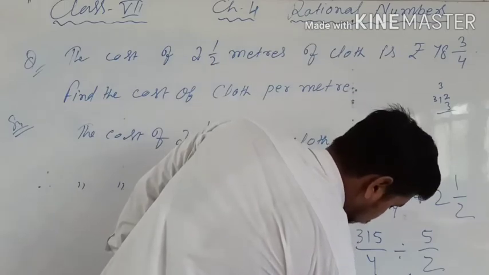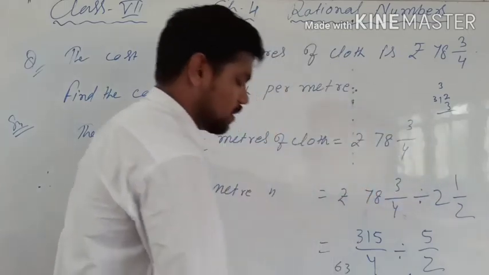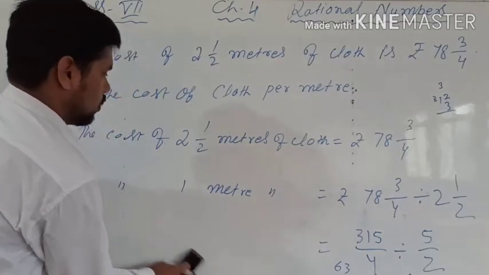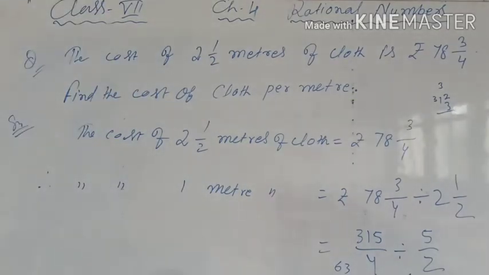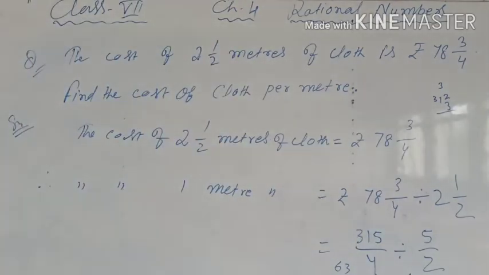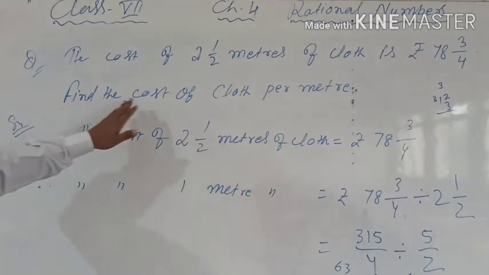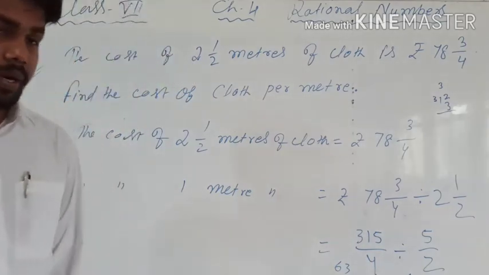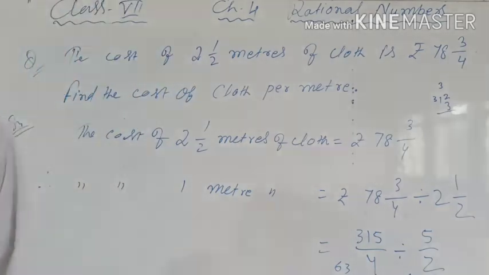Sorry, this much is the price in rupees, so you write the rupees symbol also. This much of rupees will be the required answer. So the cost of 1 meter of cloth will be 31 whole 1 by 2 or 63 by 2 rupees.